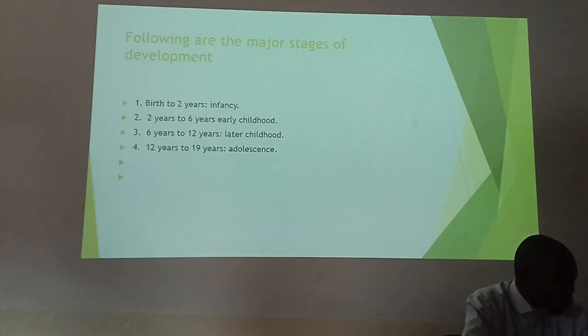Three, 6 years to 12 years, that's later childhood. And then four, 12 years to 19 years, that's what? Adolescence. These are the major stages of development.